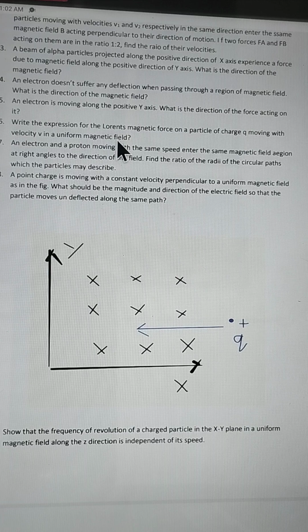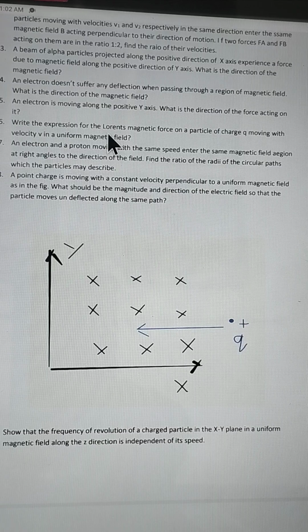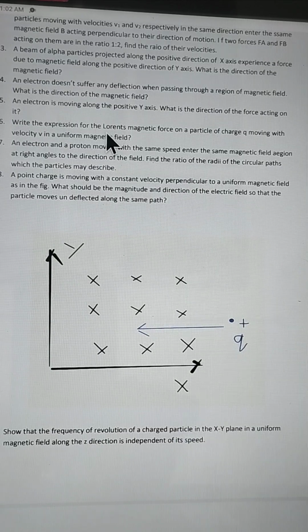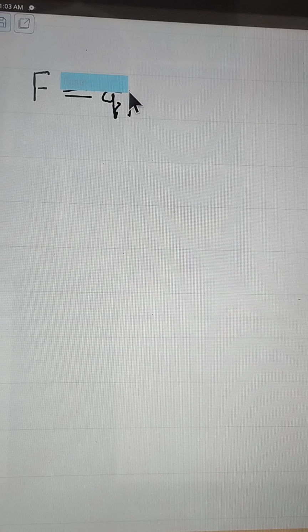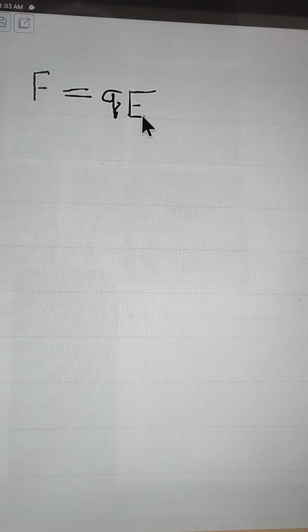Write an expression for the Lorentz force on a charge q moving with the velocity v in a magnetic field. We know that when a charge q is moving in an electric field, it will experience an electric force F equal to qE, where E is the strength of electric field.